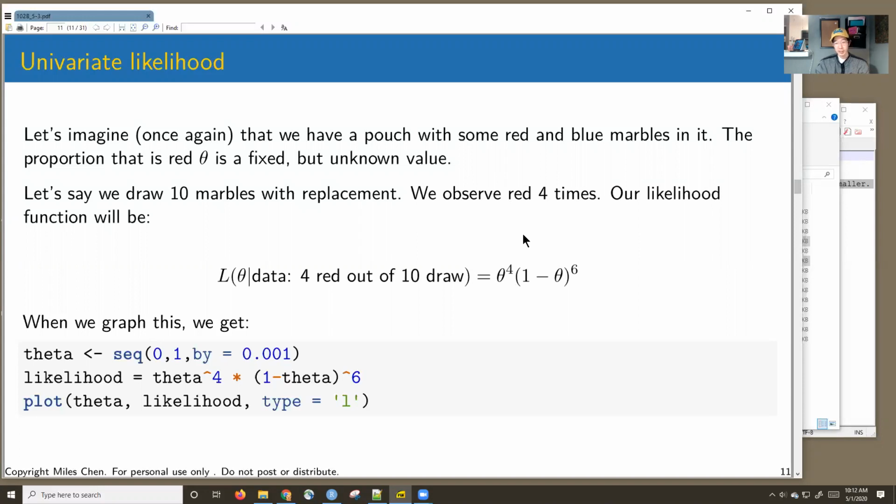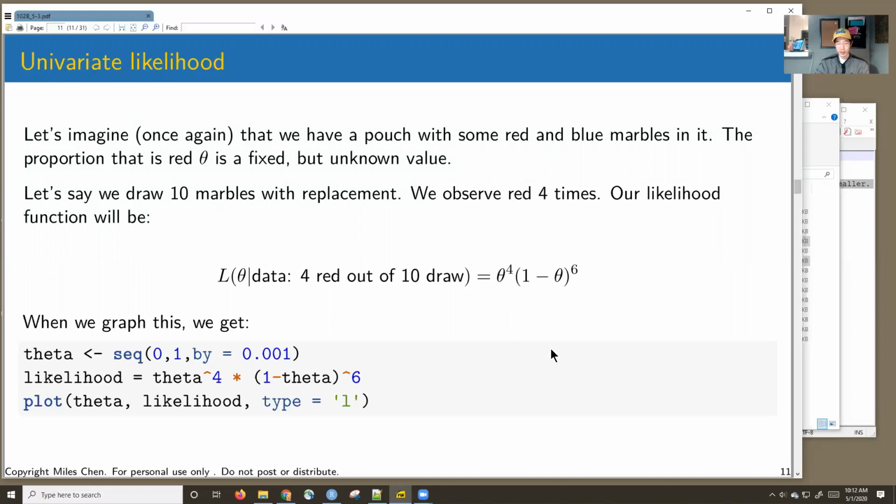The overall probability would have a binomial constant, 10 choose 4, in front, but the likelihood function does not care about that constant in the front. So this would be the likelihood of some exact sequence of 4 red and 6 blue marbles.